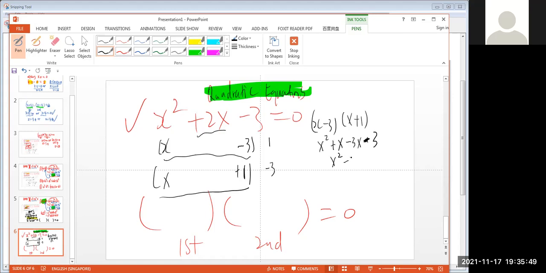So you have x squared minus 2x minus 3. Can you see you have -2x if you take this combination? -2x is not what you want. In fact, you want +2x. So then you know that this is not the combination. So you don't choose this combination, and then you test the other combination.